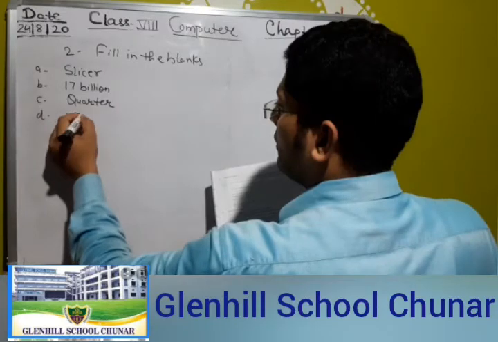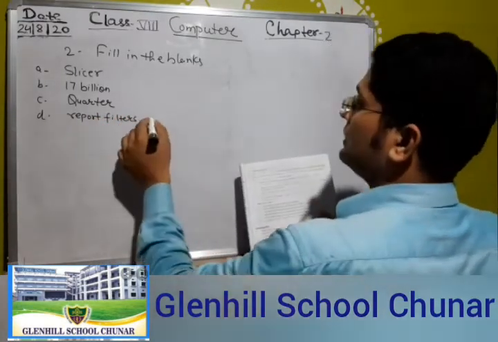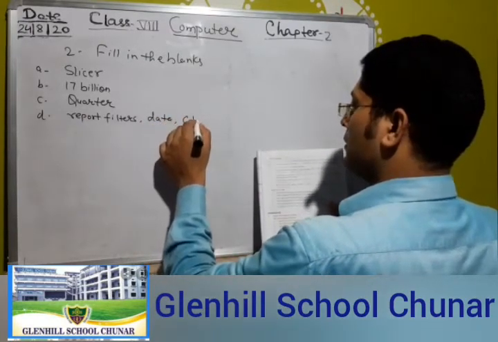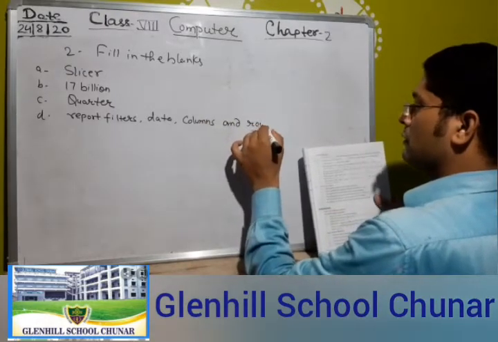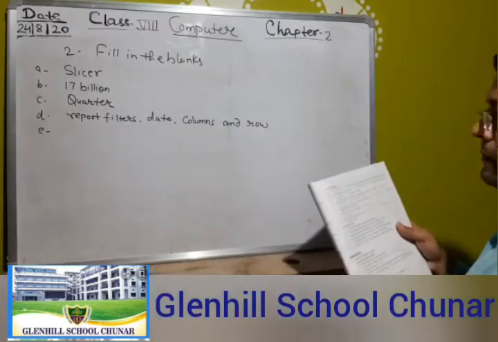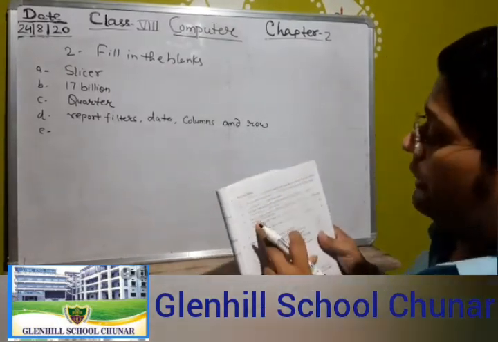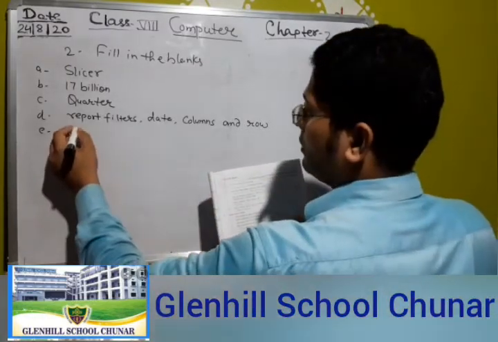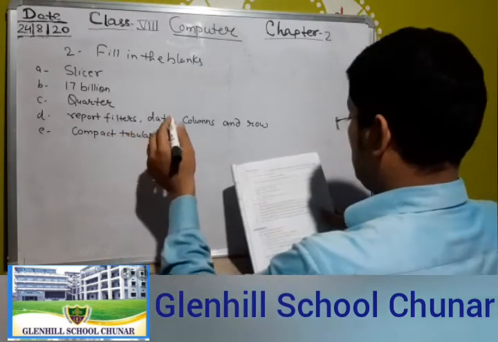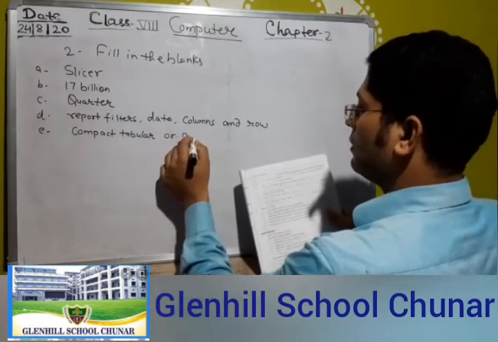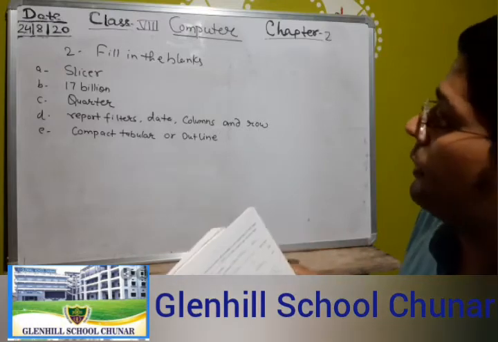Report filter, data, columns, and rows. E. We can display our table in compact, tabular, or outline form when changing the layout of a pivot table.